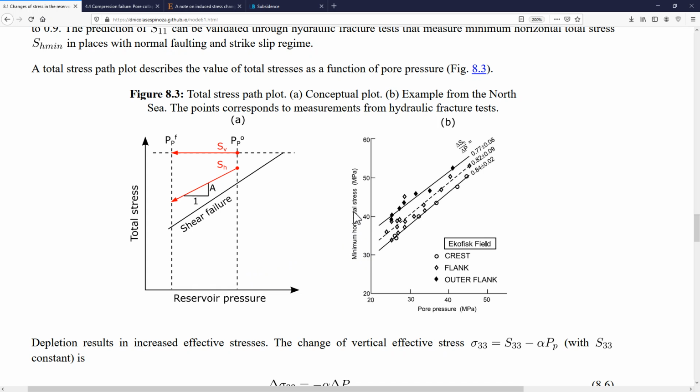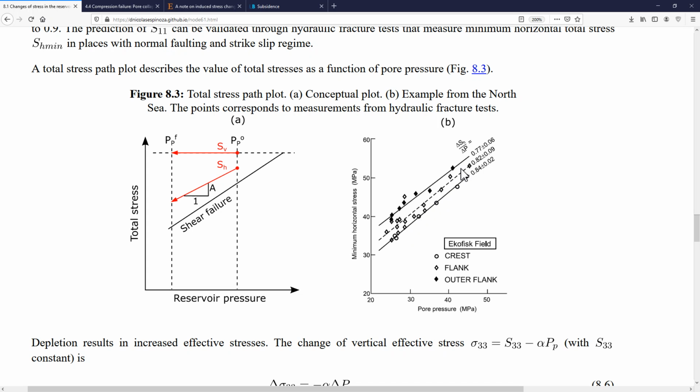And you have on the right field evidence for this type of behavior in the North Sea, where we can see variations of the minimum horizontal stress as a function of reservoir pressure for reservoirs. It's actually the same reservoir, but in different areas, where pore pressure decreases from more or less 45 MPa to 25 MPa. That's a 20 MPa change of pore pressure, a 3000 psi change of pore pressure, which is quite a decent change of pore pressure.